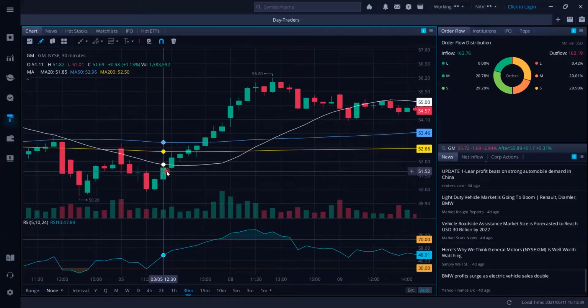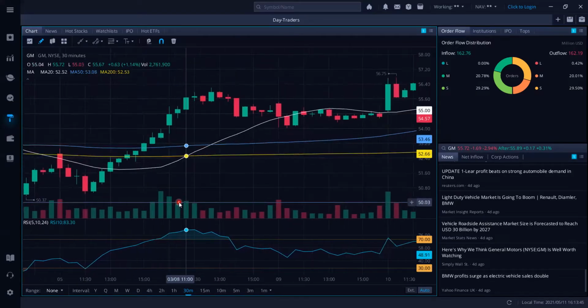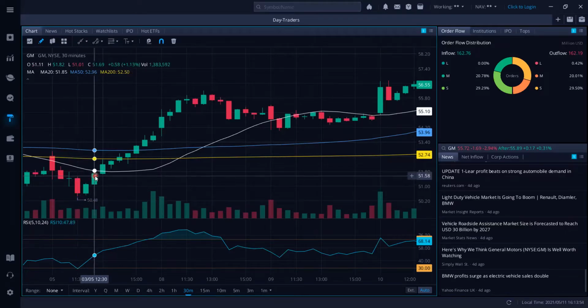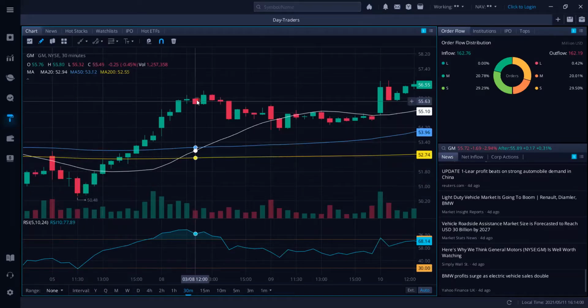We get a sign we're going to close above the high of this low candle. This is our previous low right here, and we know we're going to close above the high of this low candle. That lets us know we're headed this way. So that's your entry.